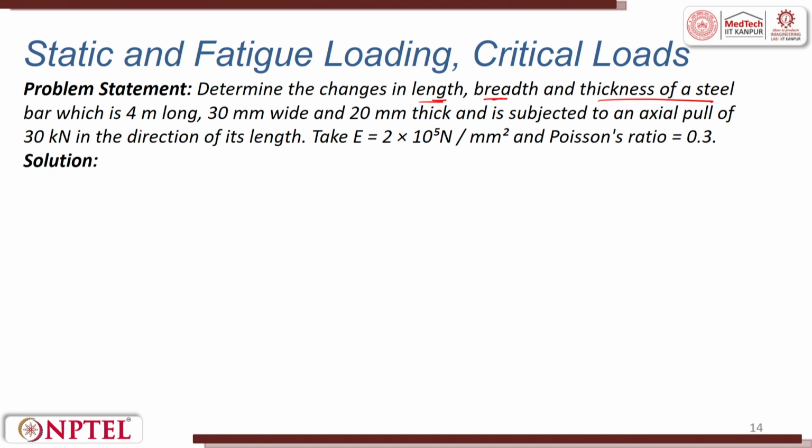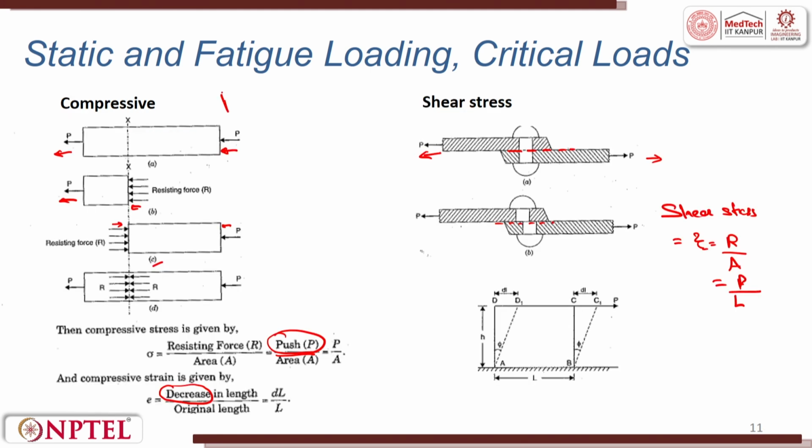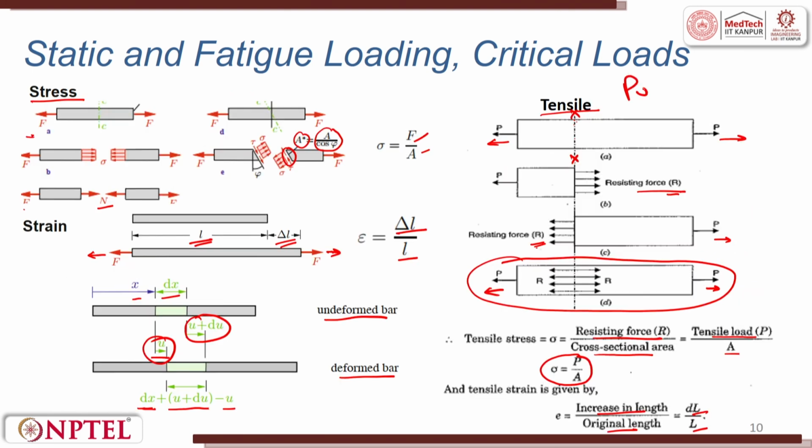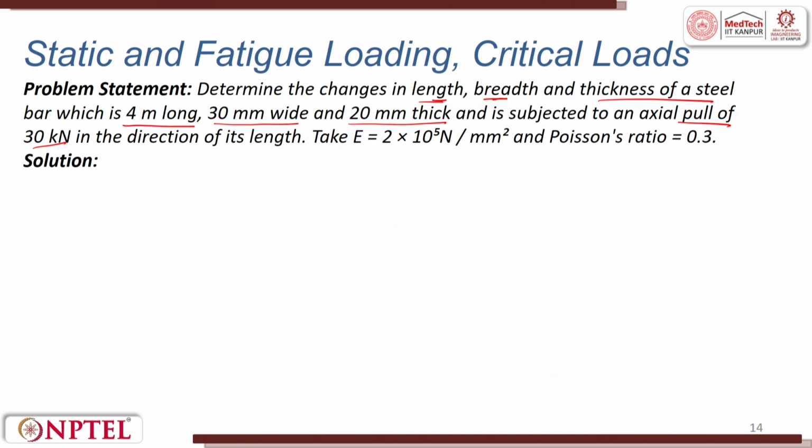Before load, this bar was 4 meters long, 30 millimeter wide and 20 millimeter thick, and the actual pull is there. To recall, compressive was push and tensile was pull. So, here it is pull, a tensile load problem statement.